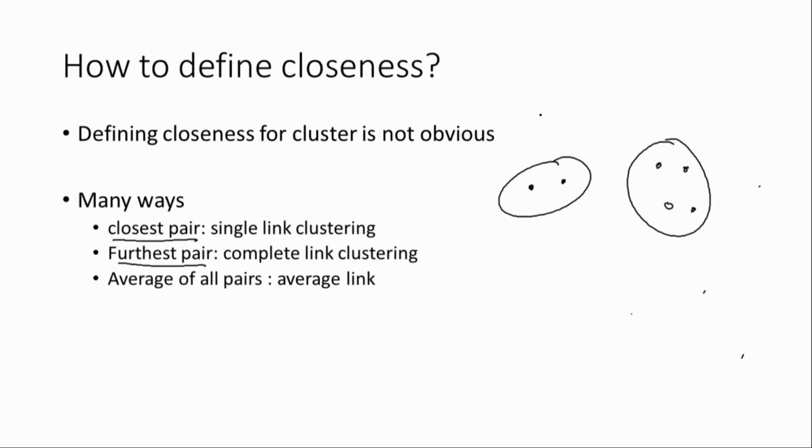One that we were saying is called the closest pair, in which you say that the distance between cluster C1 and C2 is given by the distance between the point 2 and the point 3.